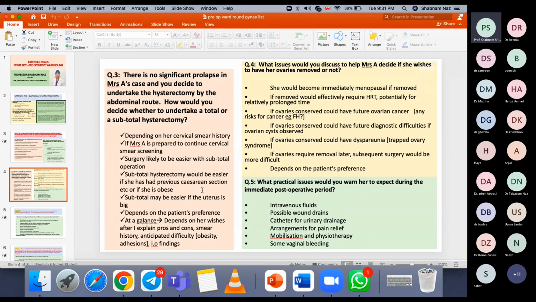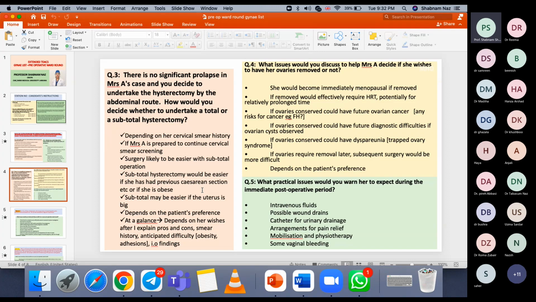Sometimes the surgery is difficult: adhesions from previous surgeries, an obese patient, a deep pelvis. In these cases you have to go for subtotal hysterectomy. But if the patient is thin and lean, has no previous surgeries and no adhesions, and the cervix will come easily, then you can go for total abdominal hysterectomy.